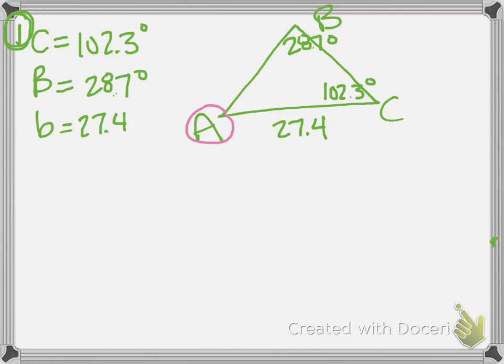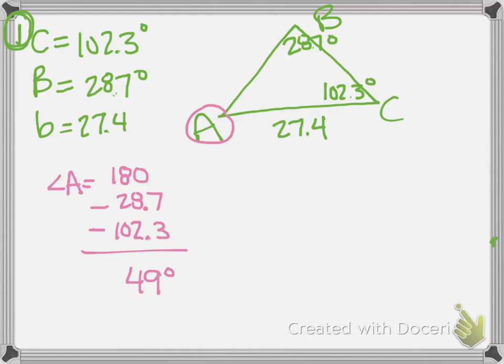So if I'm looking for angle A, I can solve that by taking 180 minus my other two angles, 28.7, and then I can also subtract 102.3. And when I subtract all of that, I will get 49 degrees. So that missing angle is 49 degrees.